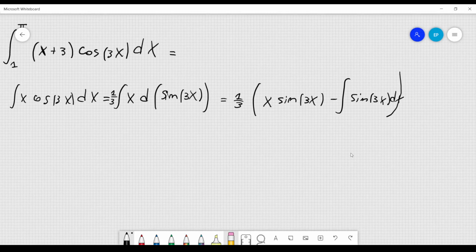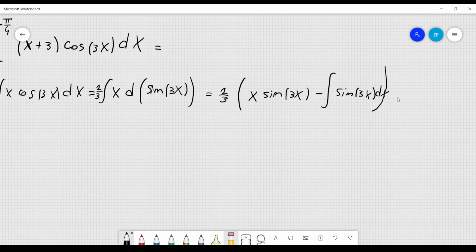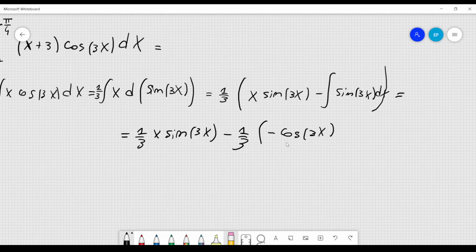So this will give me 1/3 x sine of 3x minus 1/3 times the integral of the sine, which is minus cosine of 3x, and we also have to remember that we have to divide by 3 again, because the derivative of this function is sine of 3x.